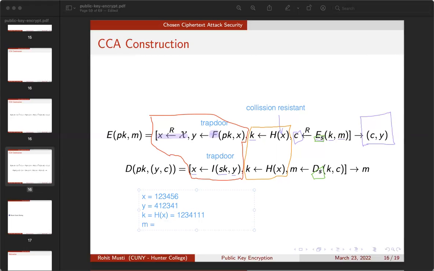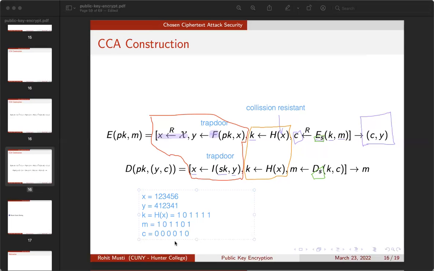Then our message is that, and that makes our ciphertext equal to those two.